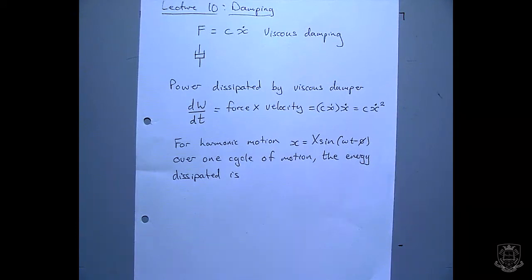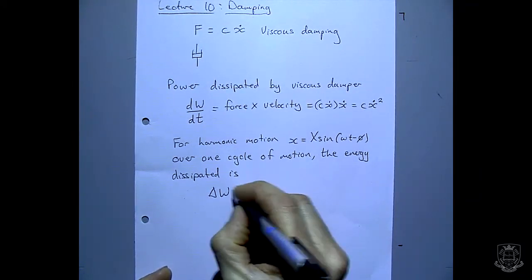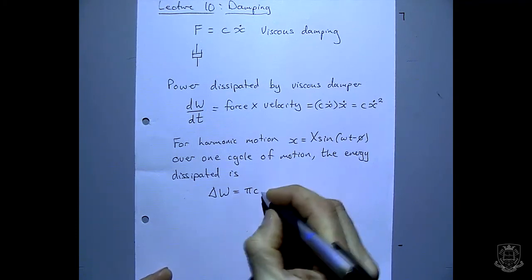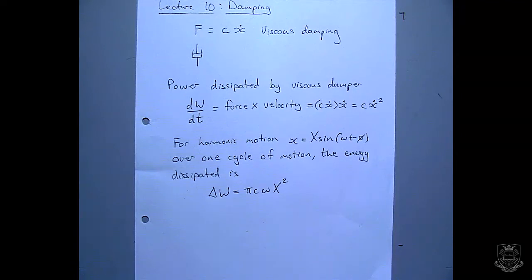So if we take one cycle of motion, so we're periodically forcing it with this sine wave, we'll get an energy dissipated which can be written as this: pi c omega X squared.